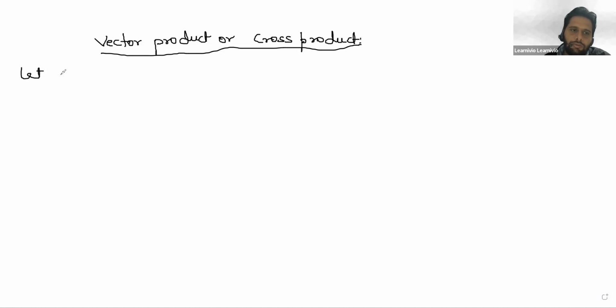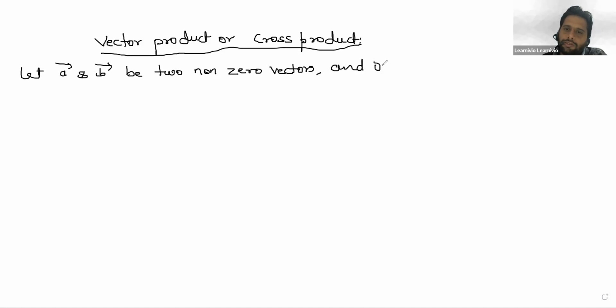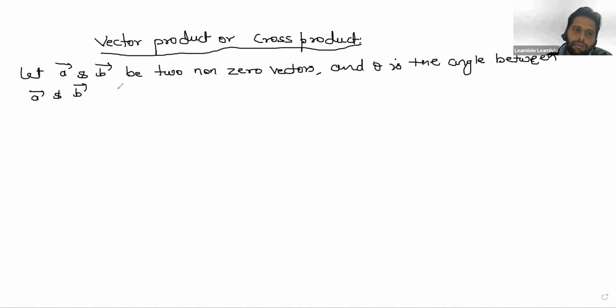Let vector A and B be two non-zero vectors, and theta is the angle between A and B, such that the value of theta is between 0 and pi.